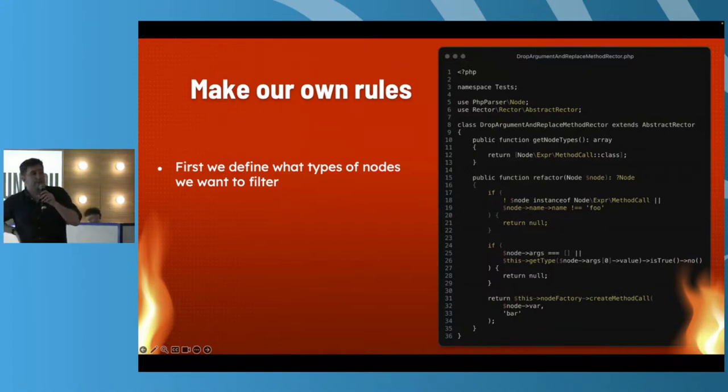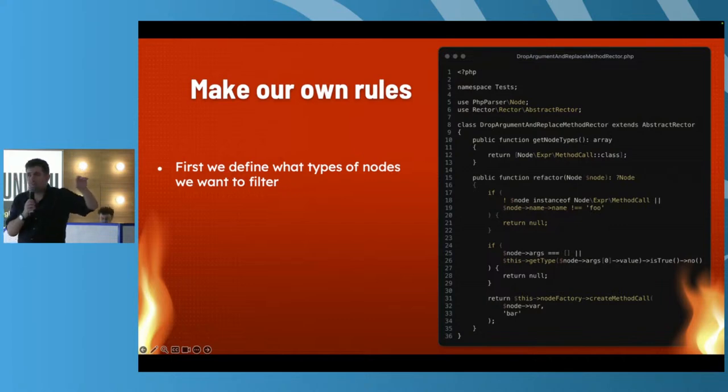So in the case of this, we're just looking at the method call nodes. That's when a method's actually being accessed and used. And here we're just doing a little check for what the name is. So if the name of the method call is foo, and in this other bit, we're checking if the first argument to that method is a true value.